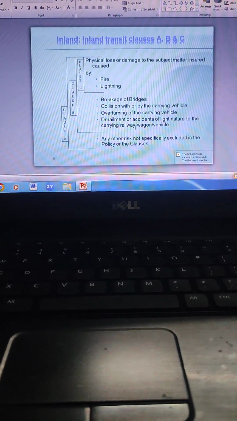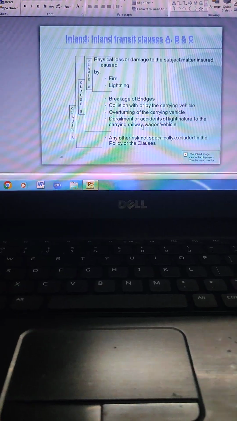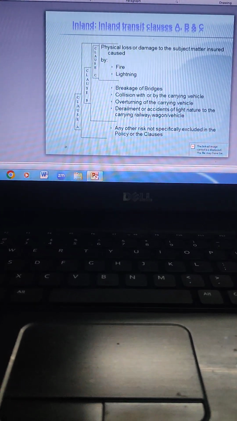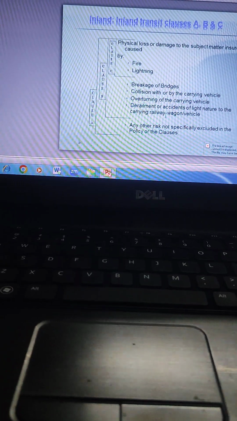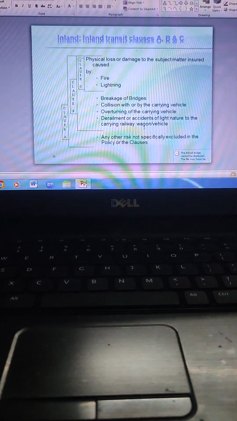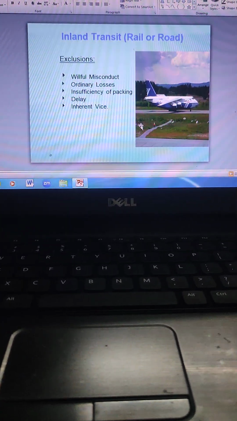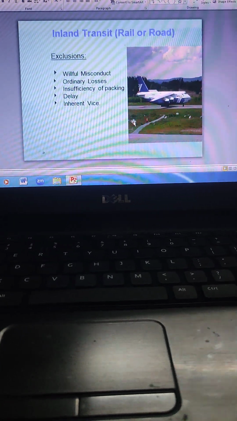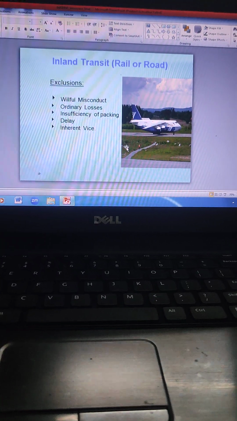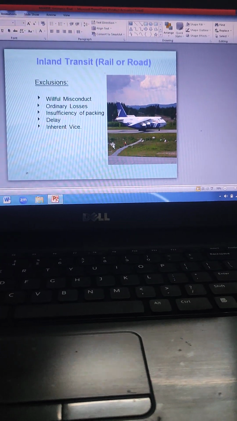B includes breakage of bridges, collision with or by carrying vehicles, and overturning of the carrying vehicle, and derailment or accidents of light nature to the carrying railway wagon vehicles. Then clause A is the biggest, which also includes any other risk not specifically excluded in the policy or the clauses.